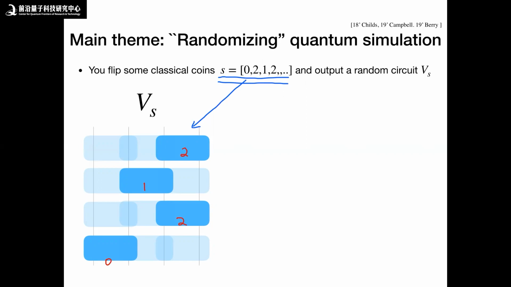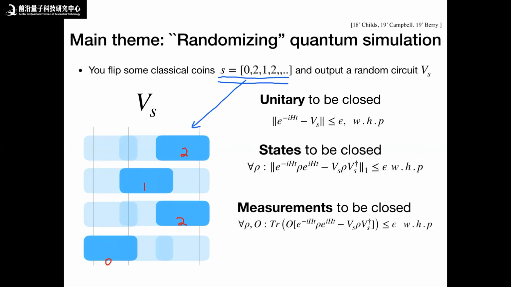And what we're going to ask is its performance in these different metrics we talked about. Interestingly, as it turns out, these three notions are the same in the deterministic setting, but they turn out quite different when you're randomizing it. There are some subtle issues about the order of quantifiers.